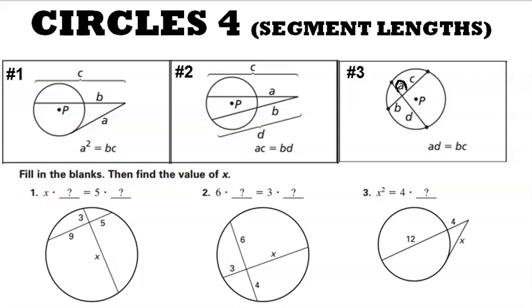If you have 2 chords and they are both completely inside the circle, then the pieces of one chord multiplied together equal the pieces of the other multiplied together. So basically, long story short, A times D equals B times C. That's it.